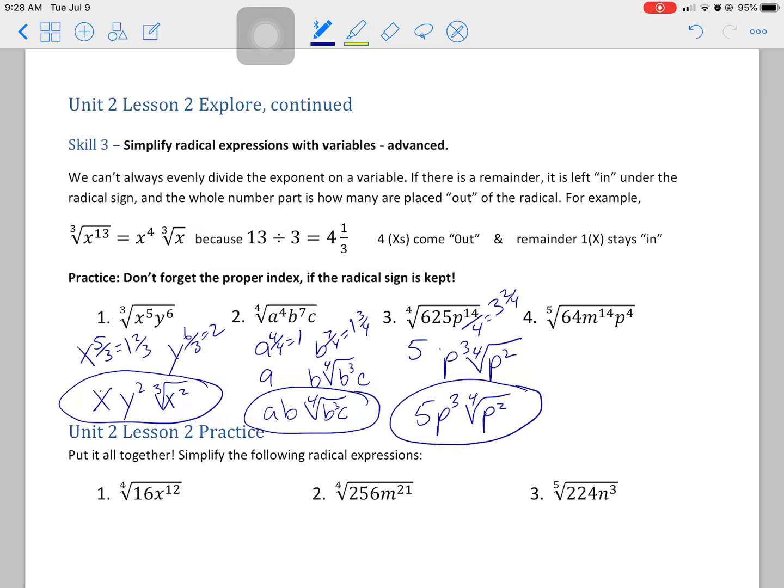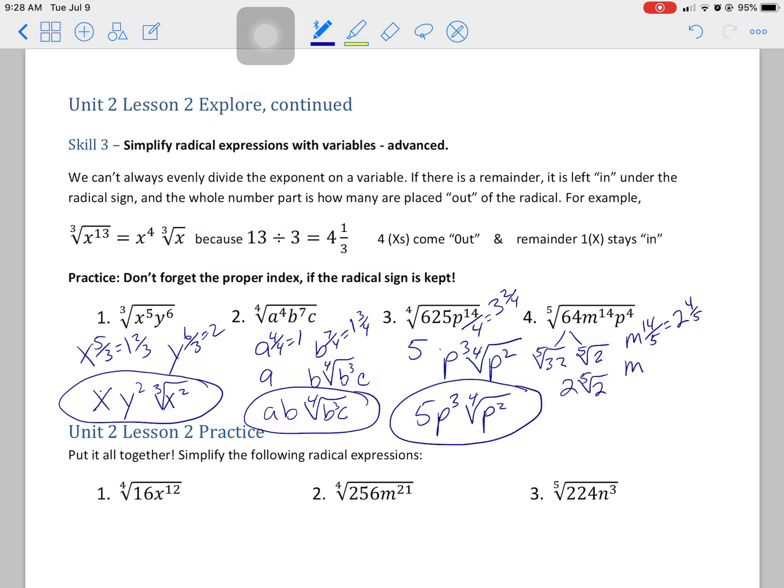All right, 64 is not a perfect 5th. 32 is. 32 times 2. So 2, 5th root of 2, m to the 14th divided by 5, because that's the index, right? 5 goes in twice to get a 10, with 4 remaining.